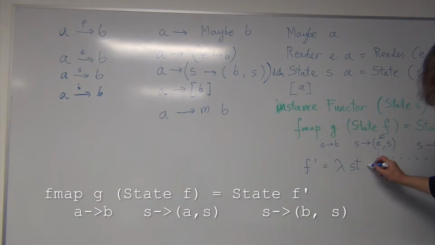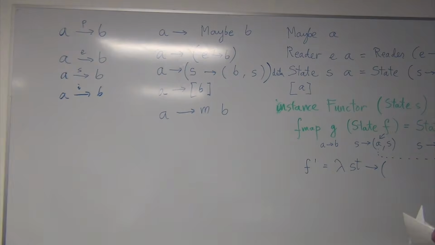So it's a lambda that takes st and produces a pair of, well, b and some st prime. So let's see, what do we need here? We need this b. How can we get this b?